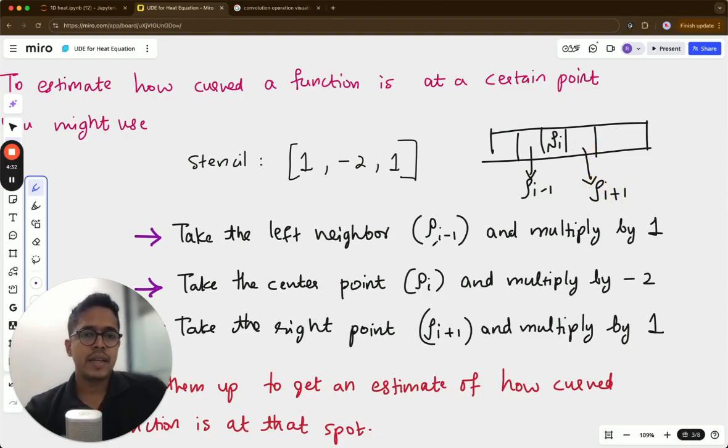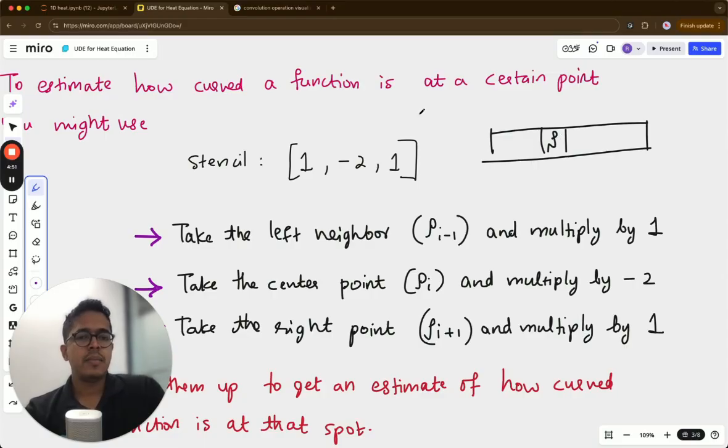You first take row I minus 1 and multiply by 1. You take row I, the middle one, and multiply by -2. You take row I plus 1 and multiply by 1. Then you sum all of that, and that is the output you obtain by applying the stencil over your data set, right?